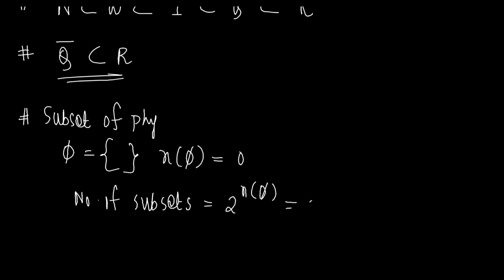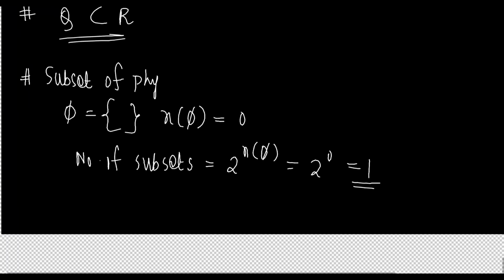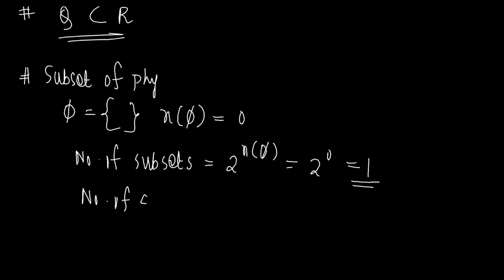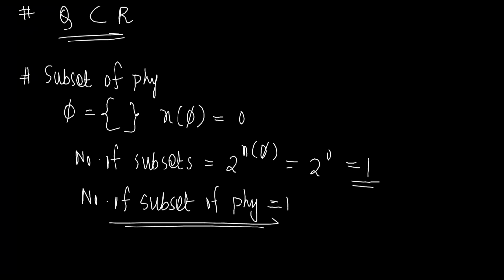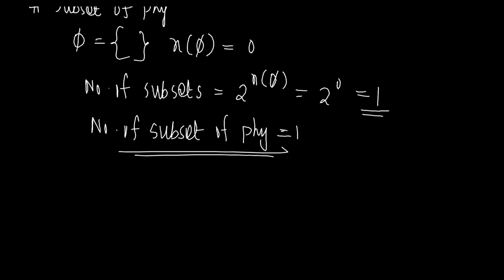So it will be 2 to the power of 0, which is equal to 1. So the number of subsets of phi is equal to 1. That is, the subset of phi is only phi itself.